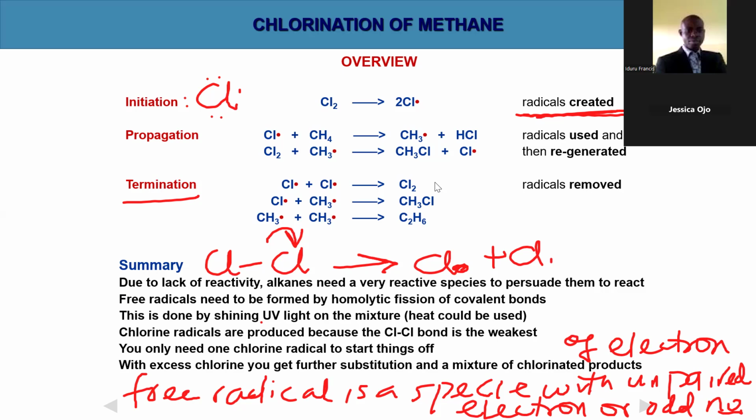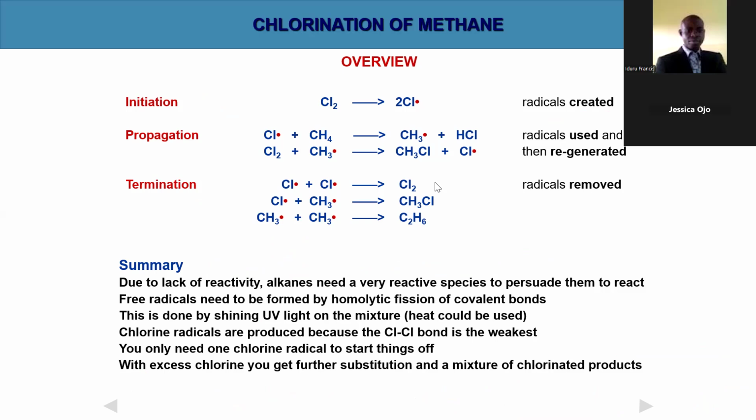All right. So we go to the propagation step. The chlorine free radical is very reactive, and because it's very reactive, it will dictate the direction of reaction. So the direction of the arrow will come from, we are going to do it this way: Cl dot plus H, the bond we are breaking, then CH3.